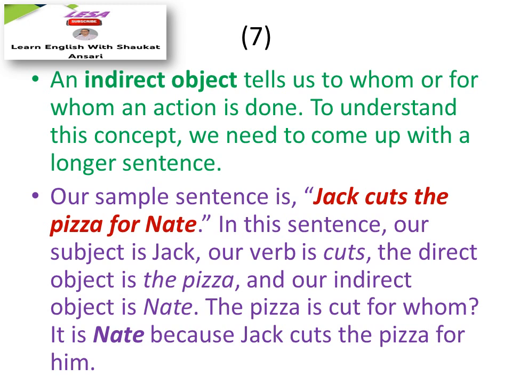And the direct object is the pizza because the action of cutting is being supported by pizza. And our indirect object is Nate. The pizza is cut for whom here? It's for Nate because Jack cuts the pizza for him. I think it's clear to all of you.